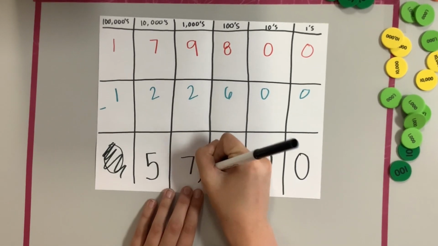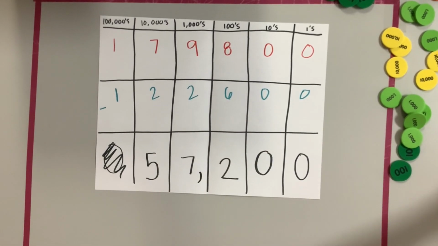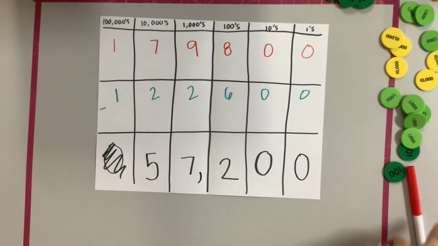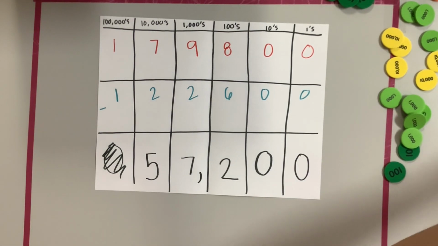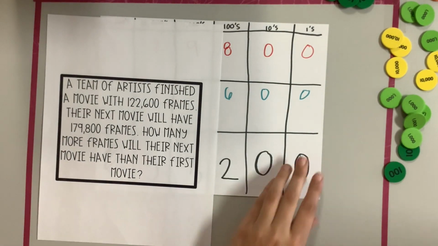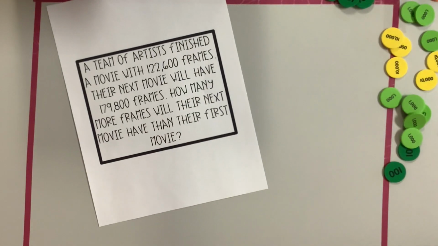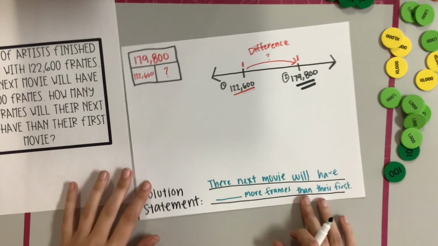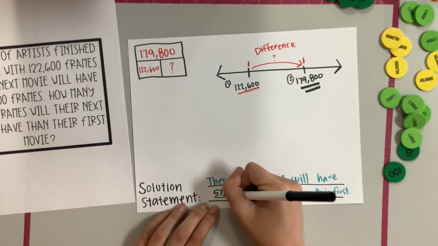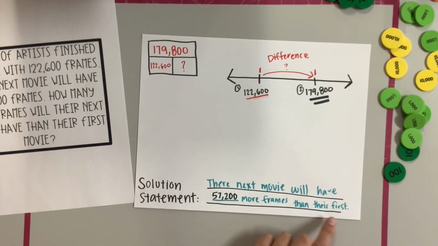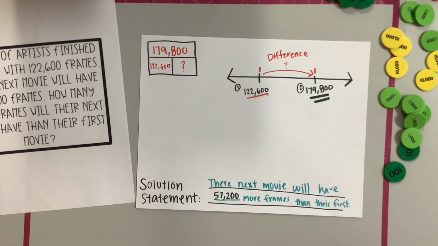So the number we have left over is 57,200. So remember, our problem asked us, how many more frames will their next movie have than their first? Their next movie will have 57,200 more frames than their first.